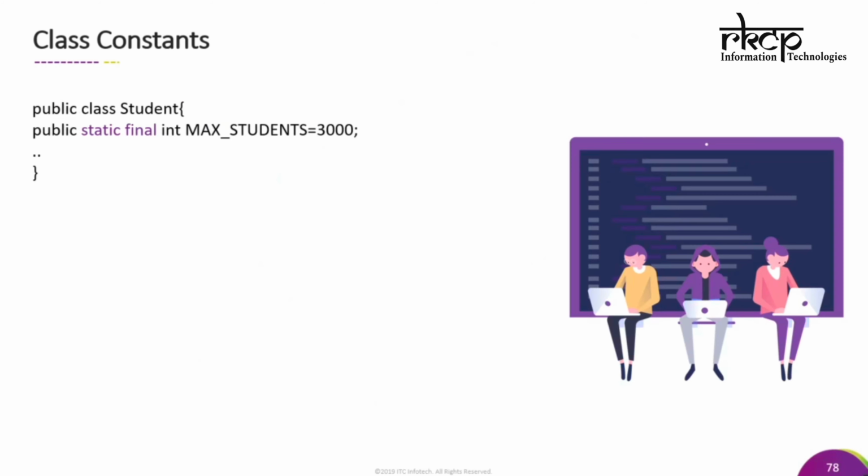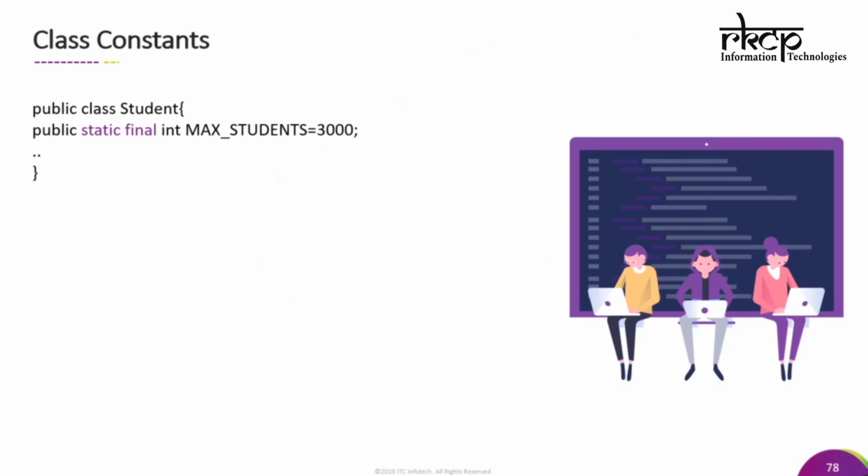First, where will you be able to use static? You have 4 points: class, variable, method, and constructor. Your class and constructor will never be static, but your variable and method you can write static.